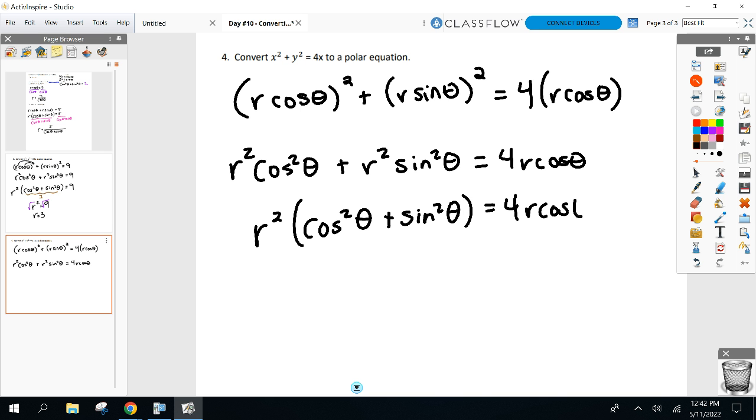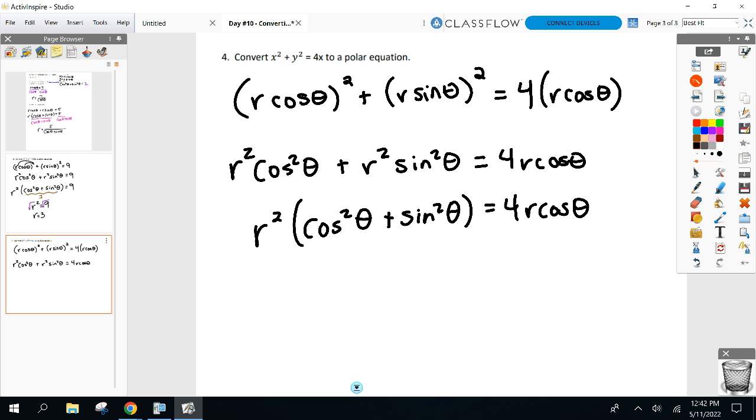Any issues? Just factored out the R squared, just like last problem. All right, what's inside the parenthesis? 1. Everyone agrees? 1? That's what we just wrote at the top of the paper. Cosine squared plus sine squared is the same as 1.